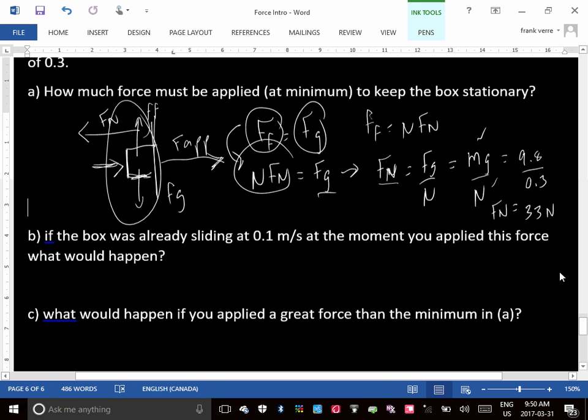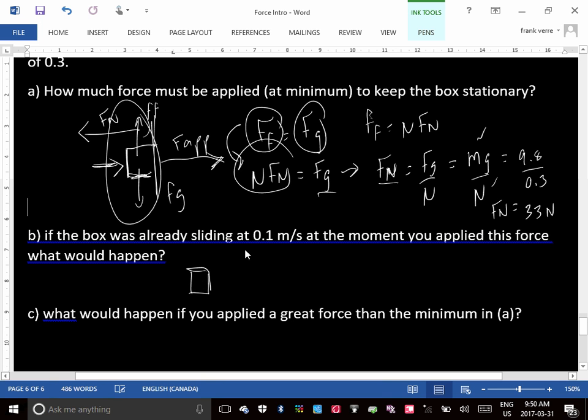Now the last few questions are just concepts, okay? If the object was already sliding and you apply that force, what should happen? So if the box is already moving down, and you apply a force of 33 newtons, the frictional force will be the same as the weight.